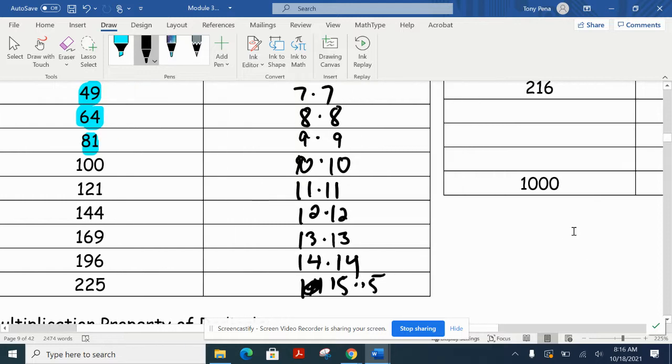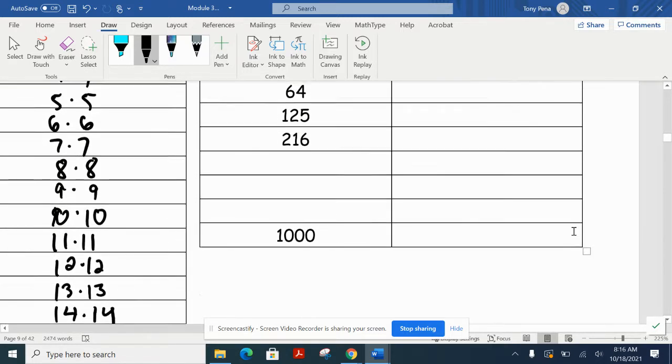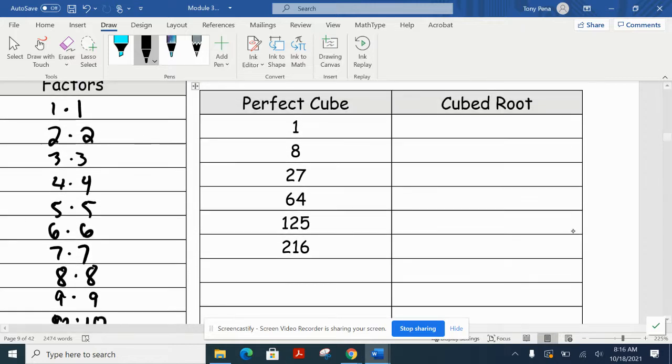Perfect cubes, a little trickier, not as common, probably not something you've done a ton of, but it's the same process where if this is a perfect cube, and it is, the number that got multiplied 3 times is a 1. It's a 1 times a 1 times a 1 would give you a 1. And then these are all in order, so there's nothing to overthink here. 2 times 2 times 2 will give you an 8. That's why 8 is a perfect cube of 2.